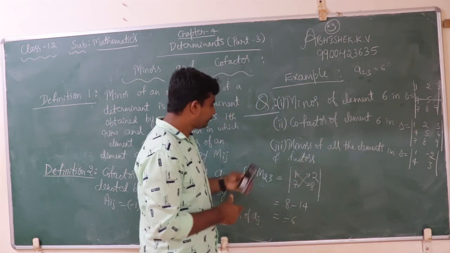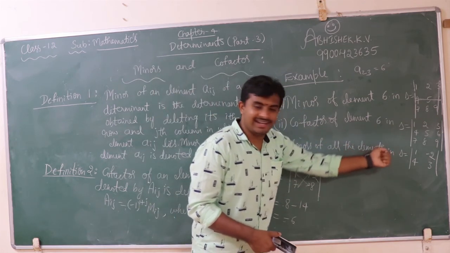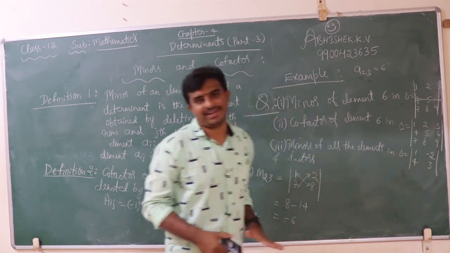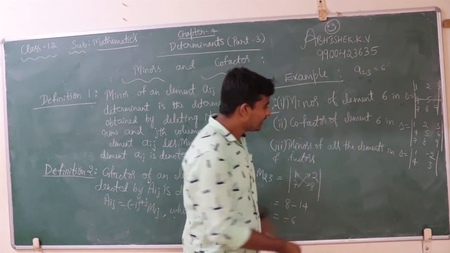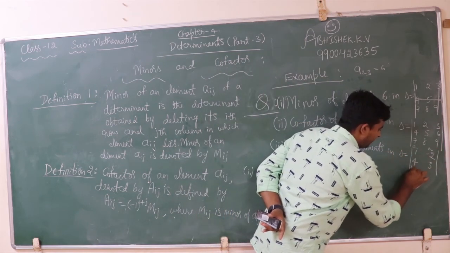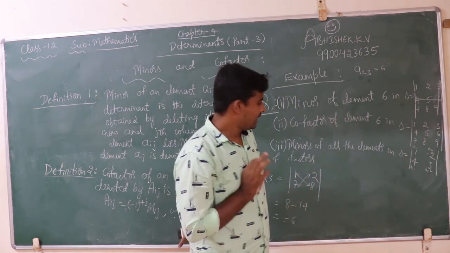Is it clear? See, if I consider the minor of all the elements, find the minor of all the elements in this determinant. This is A11, A12, A21, A22. We already learned this, right?